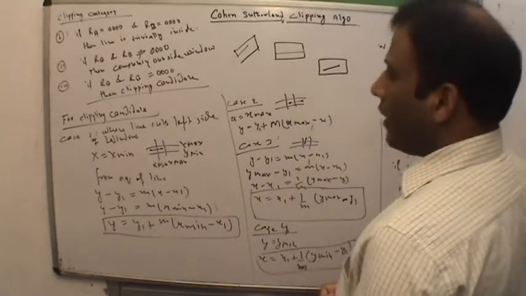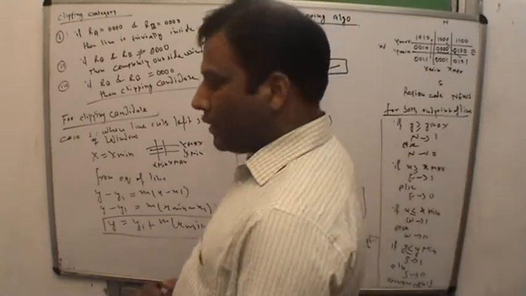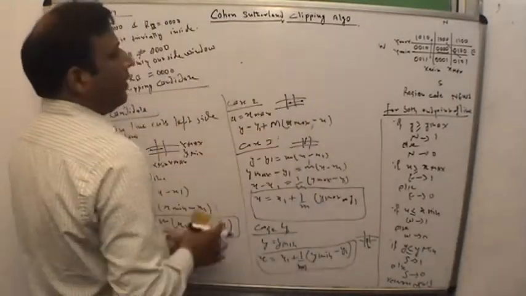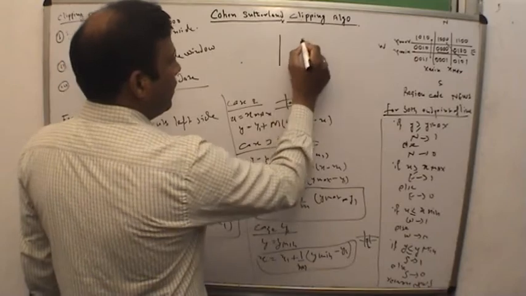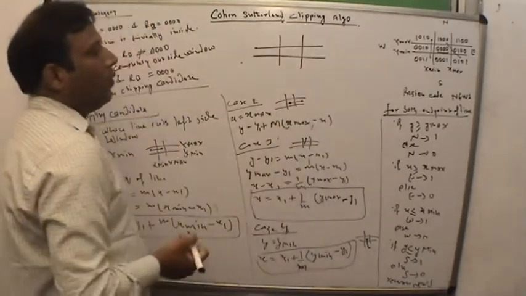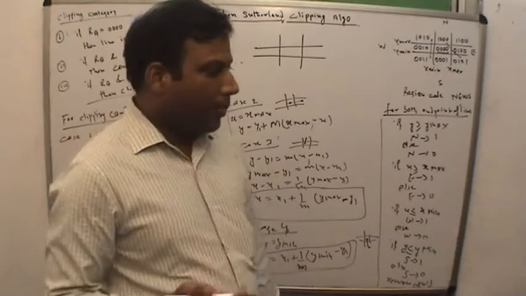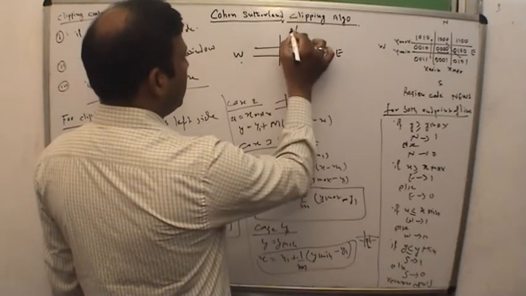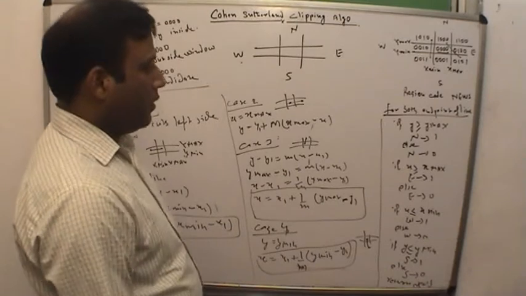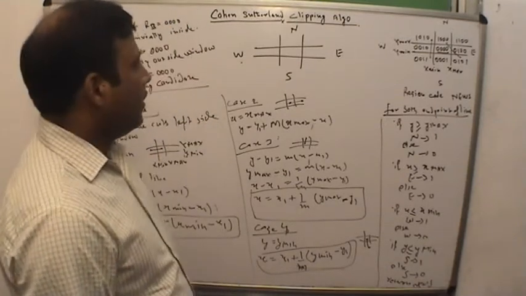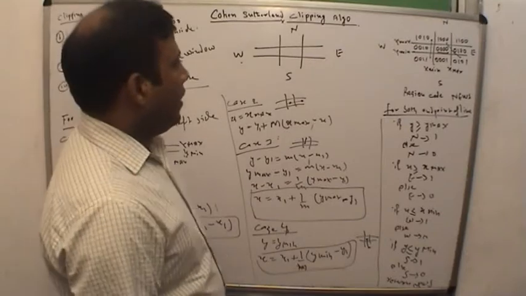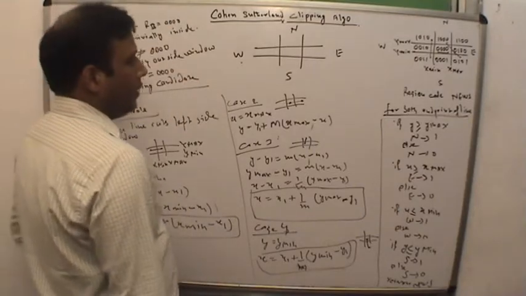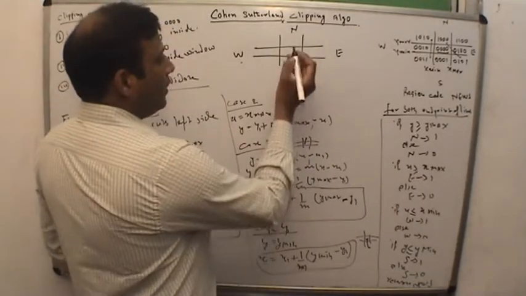First of all, we need knowledge of the clipping window. What is a clipping window? To understand the clipping window, we divide it into 4 regions: east, west, north and south, and put values according to these regions.